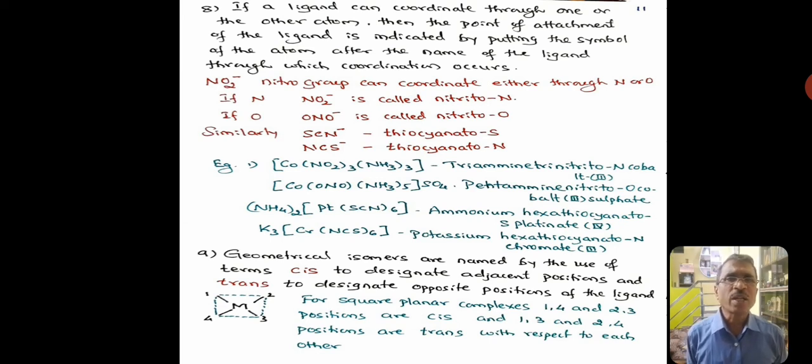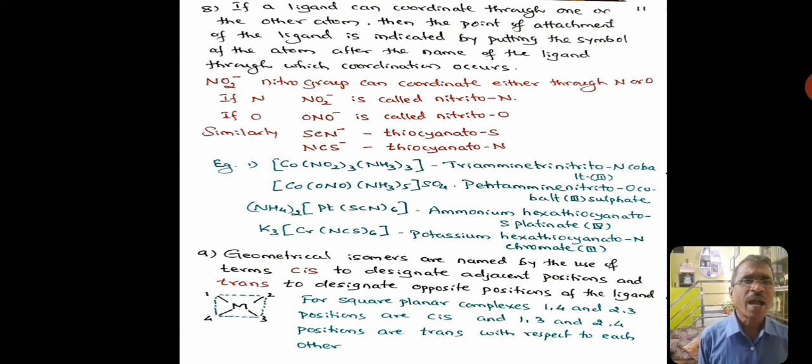Similarly, the next one, [Co(ONO)(NH3)5]SO4, is called pentaammine nitrito O cobalt 3 sulfate. Similarly, the next one is known as ammonium hexathiocyanato S platinate 4.